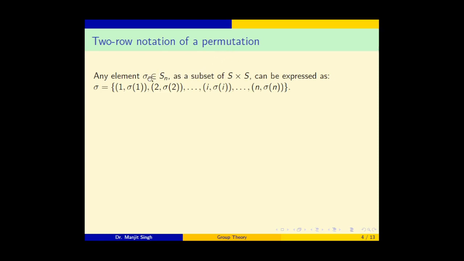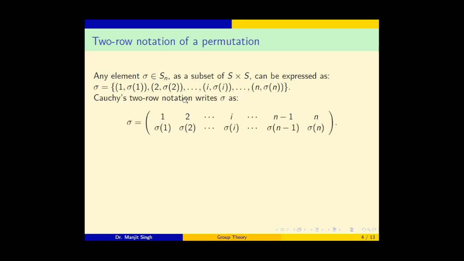As we know, if sigma belongs to Sn, then it is a mapping from S into S, and a mapping is a subset of S cross S. So as a subset of S cross S, an element of Sn can be written as follows. Cauchy's two-row notation for this element sigma is as follows. In the first row, Cauchy writes all the elements from 1 to n, and in the second row he writes their images.